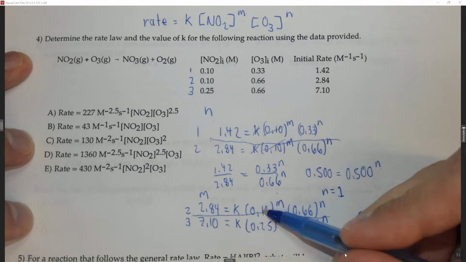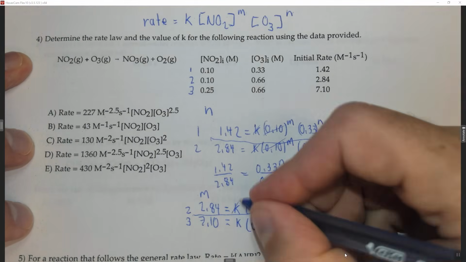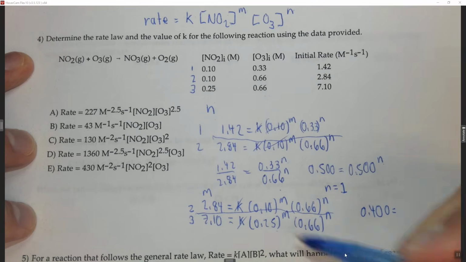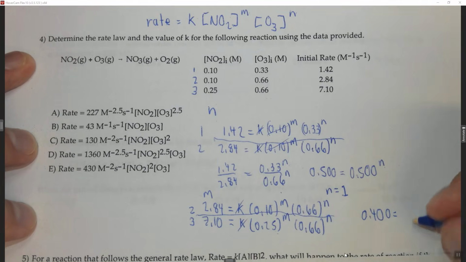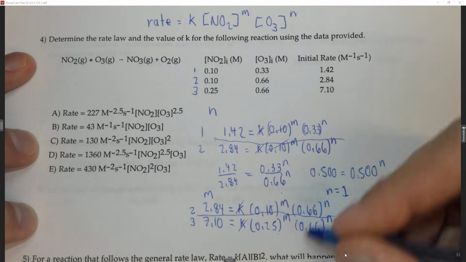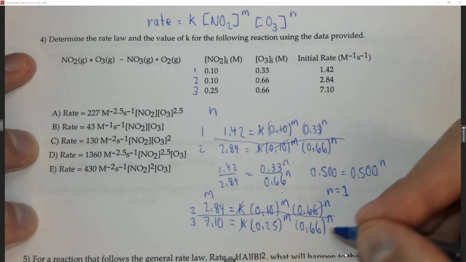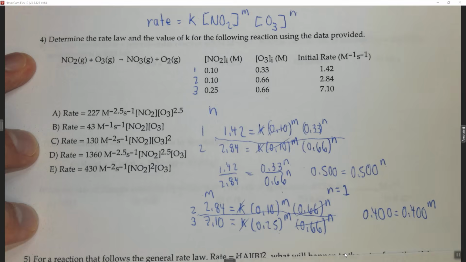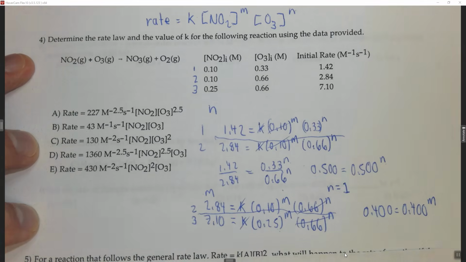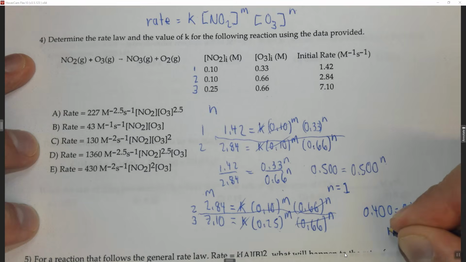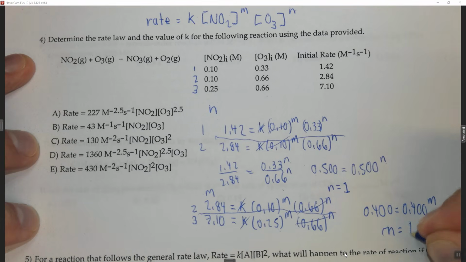Equals 0.1 divided by, or excuse me, k cancels. 0.1 divided by 0.25 is 0.400, all to the m, and then 0.66 to the n cancels out. Same as before, since these are exactly the same number, I don't need to take the log of both sides. m, excuse me, m, not n, equals 1.